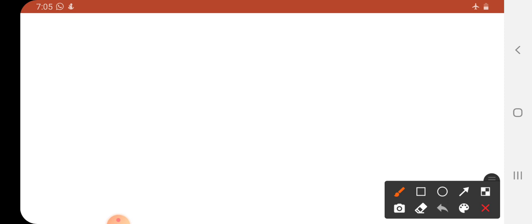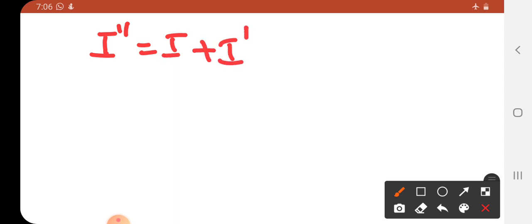Let it be I double dash, where I double dash is equal to I plus I dash.